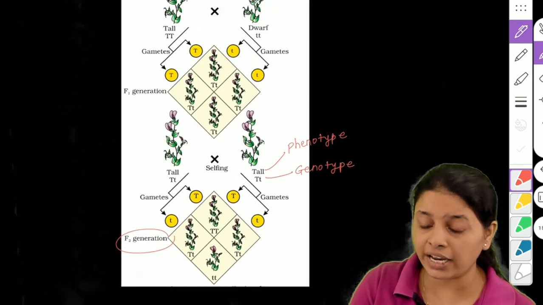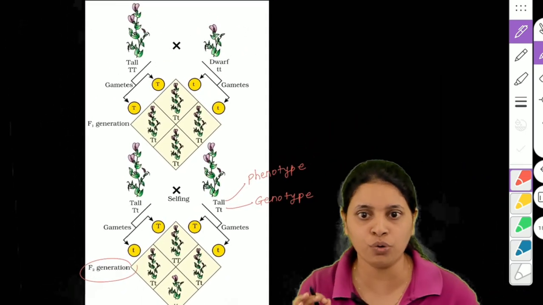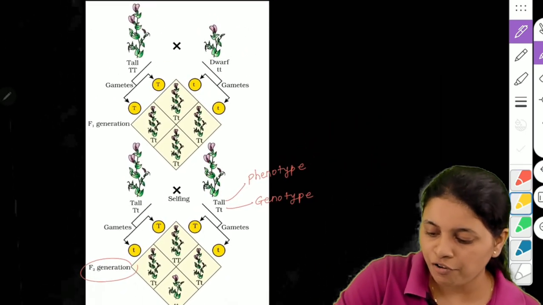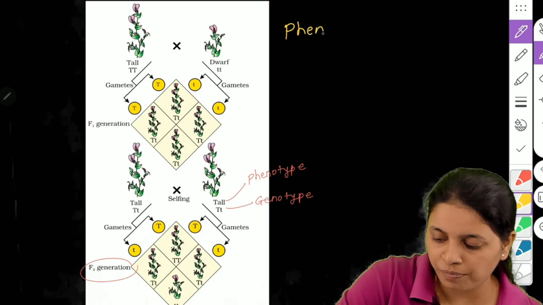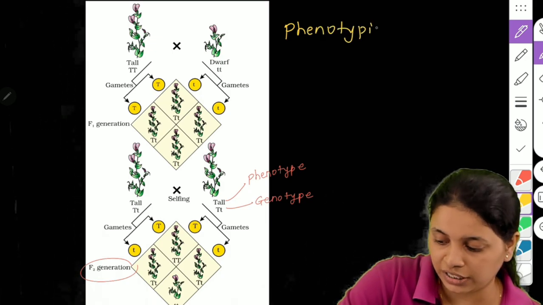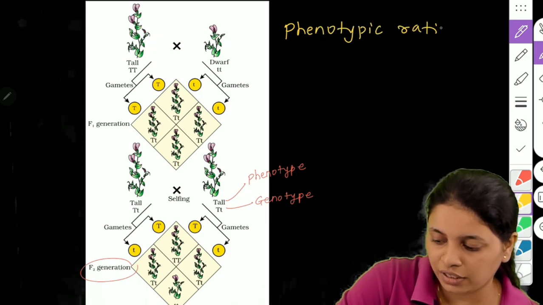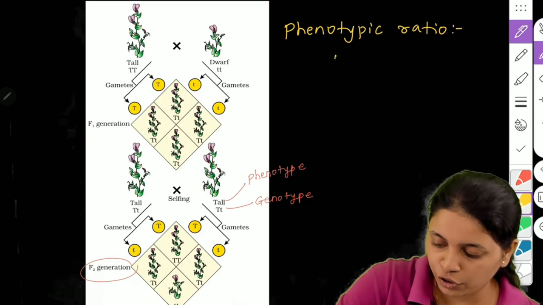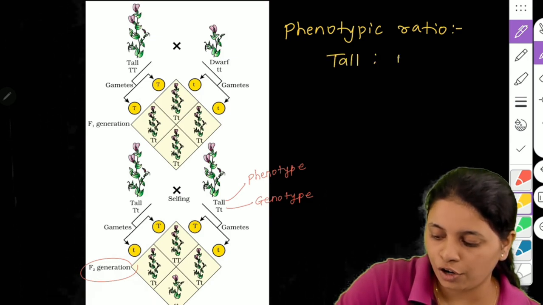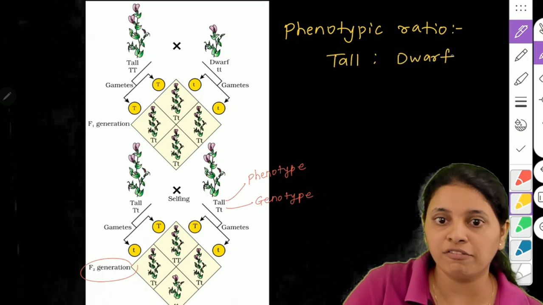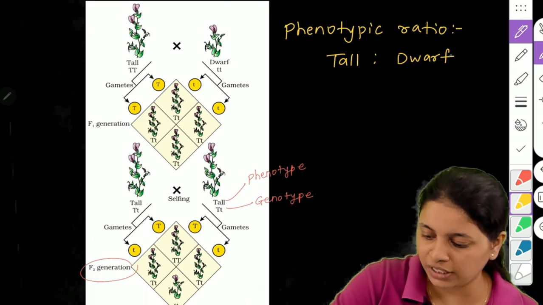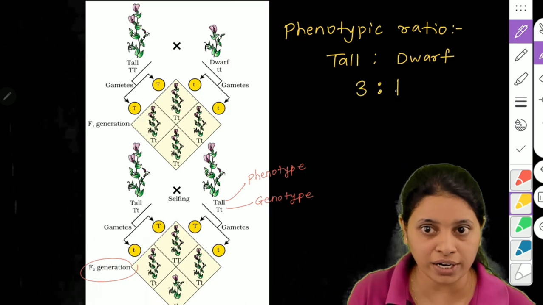So in the F2 generation, we can write the ratios, first the phenotypic ratio. We have tall and dwarf plants. We have 3 tall and 1 dwarf plant, so the ratio is 3:1.